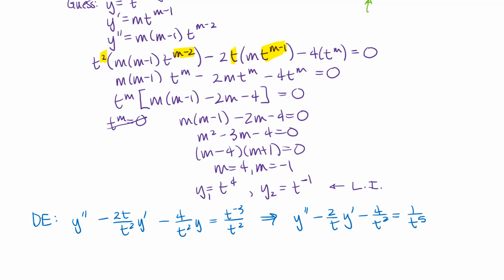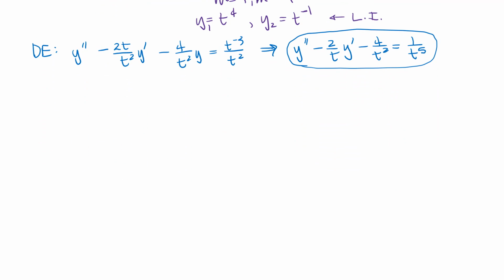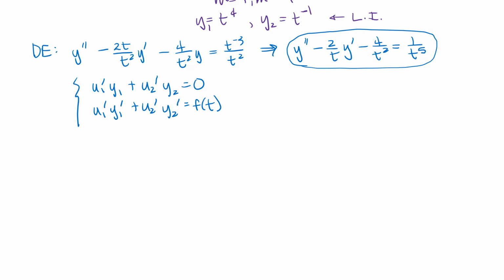Alright, so here is my non-homogeneous differential equation that we are going to solve using the method of variation of parameters. So when we do the method of variation of parameters, we're going to solve a system of equations. And here's our system. So our y1 and y2 are going to come from our homogeneous solution.